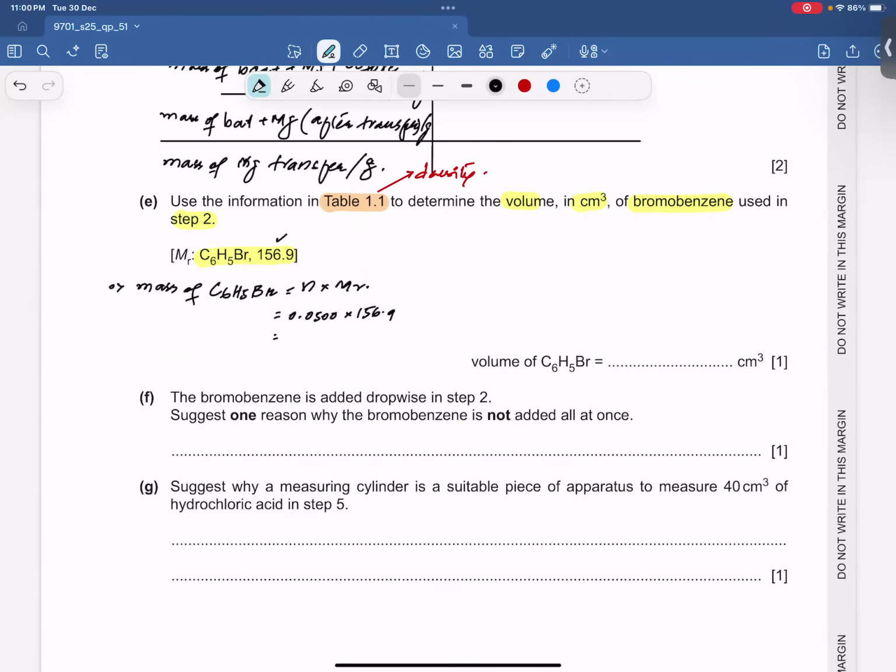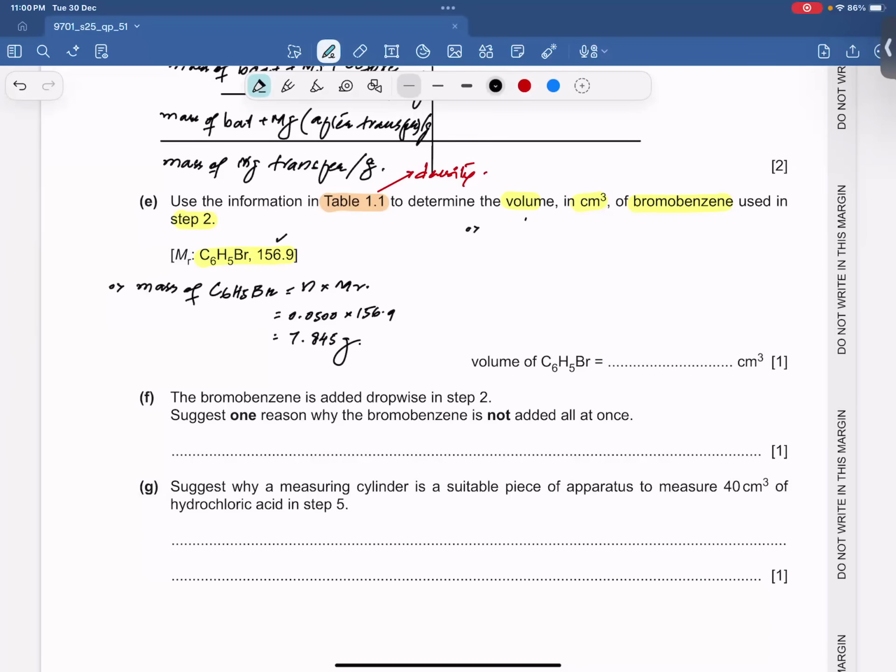So 0.0500 into 156.9 is 7.845 gram. Okay, I've got the mass.